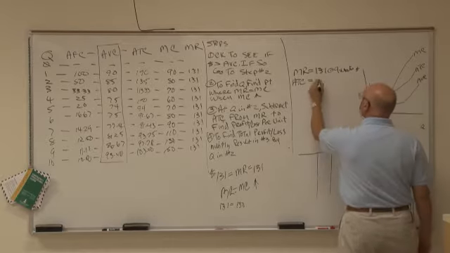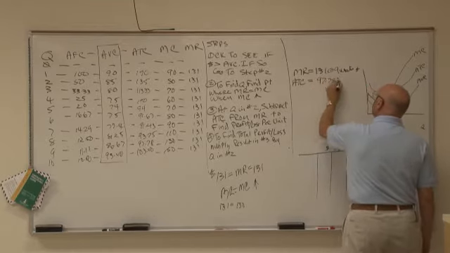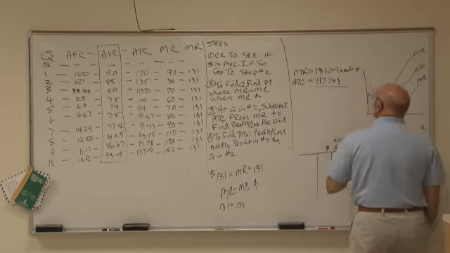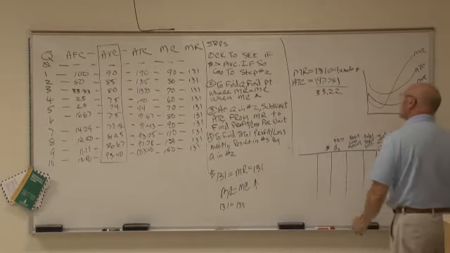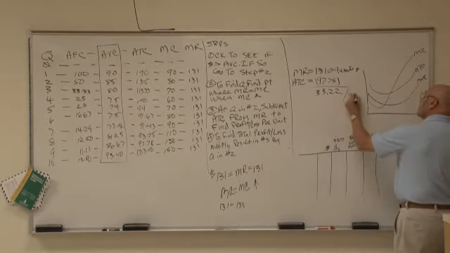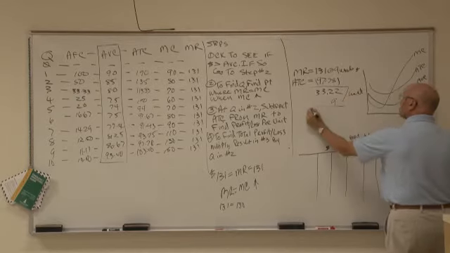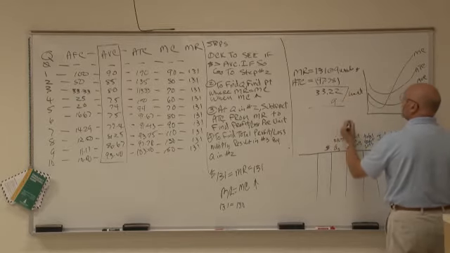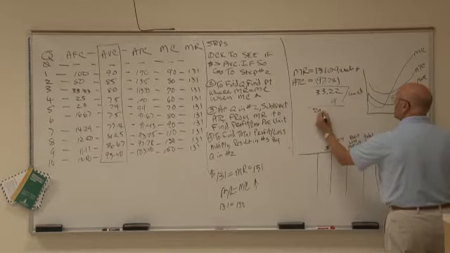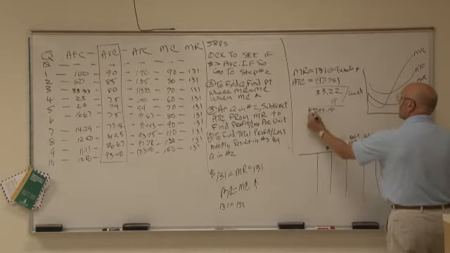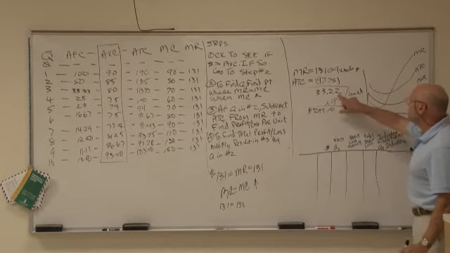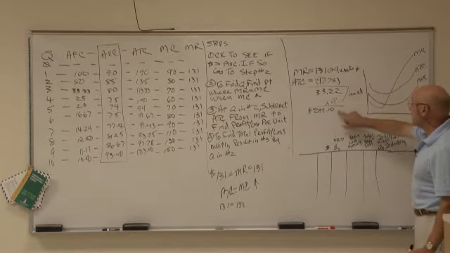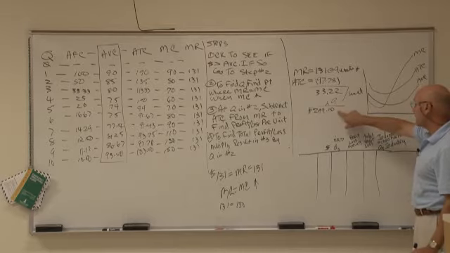And therefore, I make $33.22 per unit. And I'm producing 9 units, so therefore I make somewhere around $299 in profit. Taking 9 units, this is profit or loss per unit, times 9 units gives me $299.